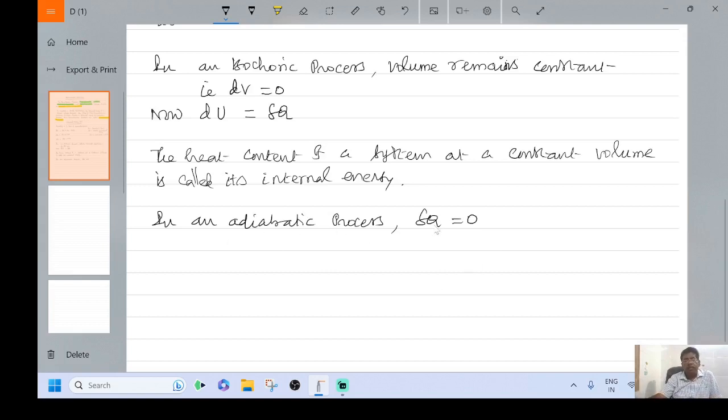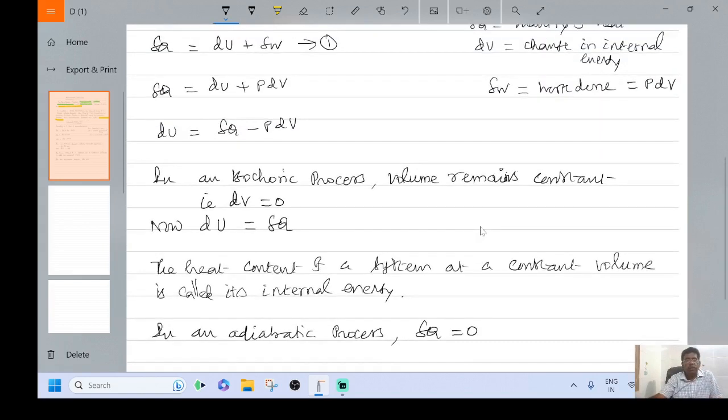In an adiabatic process, del Q equal to 0. Now this equation becomes dU equal to minus PdV. Say this is equation 2.